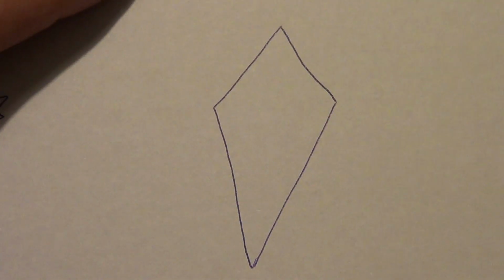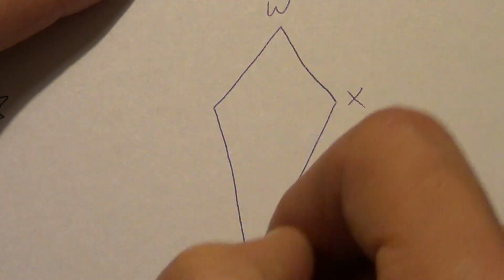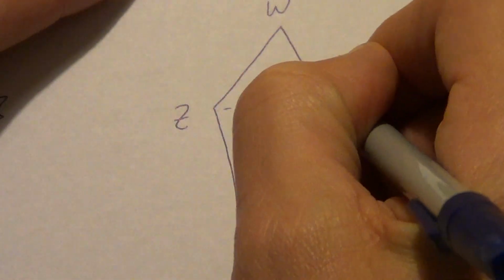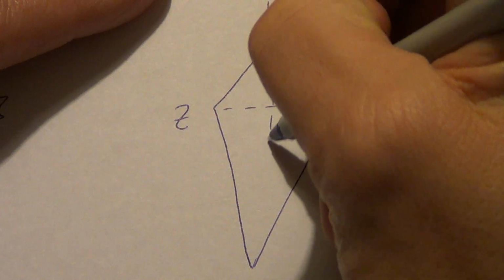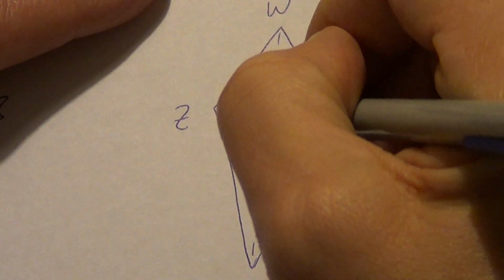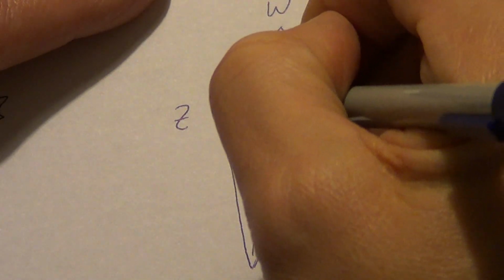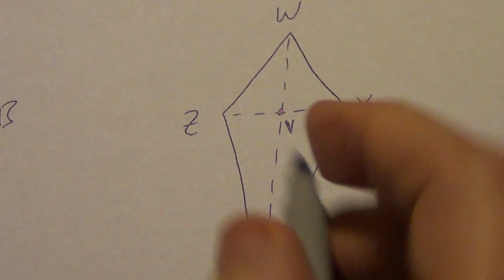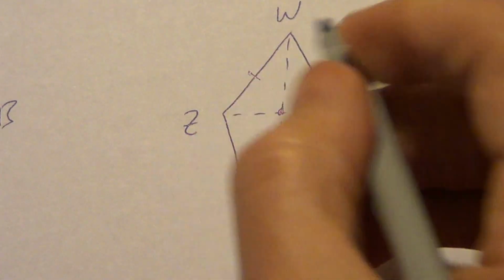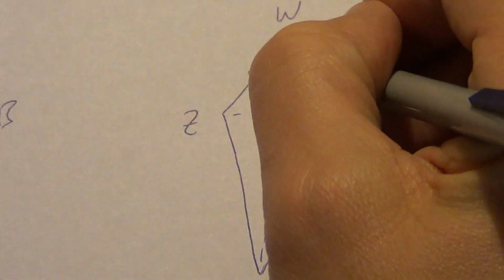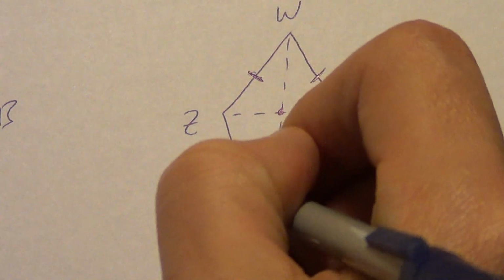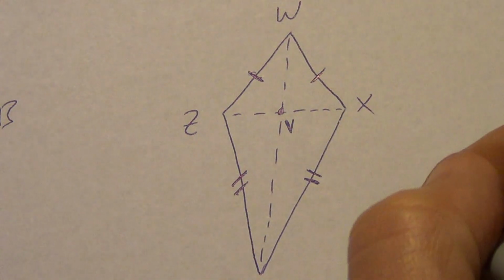I'm going to call this WXYZ. Now if we draw both diagonals, I'll call this point here V, right here in the middle. Now, by definition of a kite, we have this side right here congruent to this side, and this side congruent to this side.